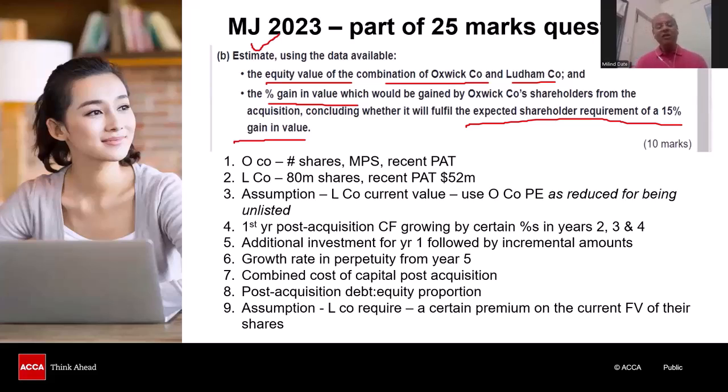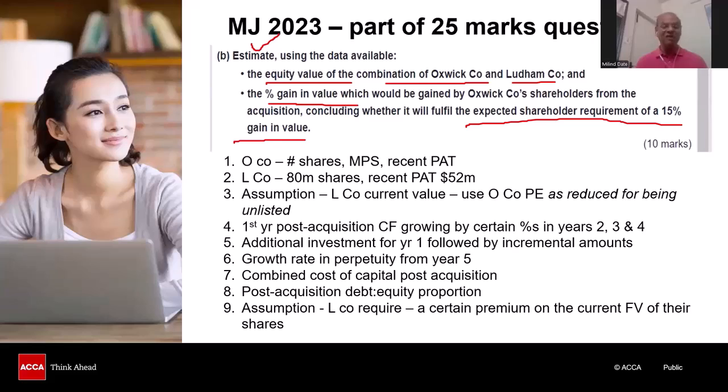And I will also need to understand how I am going to pay for the acquisition. So in this case, I would collect the information about premium payable to the target company shareholders based on the current fair value of the shares. So the sequence in which I will show the working notes is, first, I'll try and show the existing equity values of both the companies using the appropriate method.